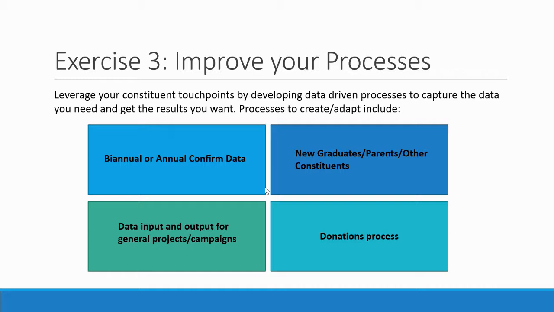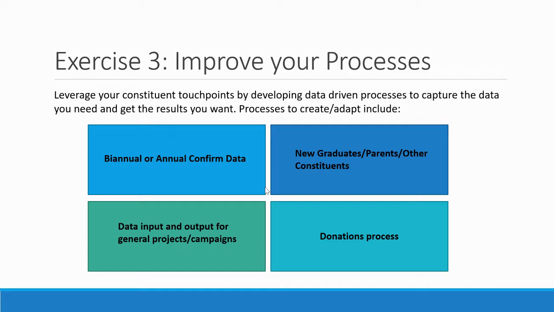One being just ongoing projects and campaigns that you have, the other being around donations, whether that's one-off, during a capital campaign, during annual giving, and more. And the other two, the biannual and annual confirm your data, and the new graduates or constituents are necessary to consider because they might not be actual touch points you've thought of.